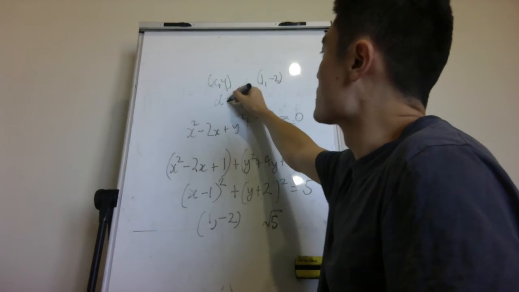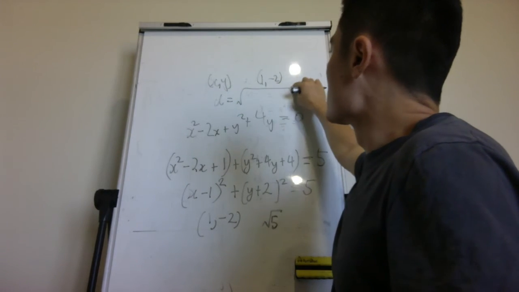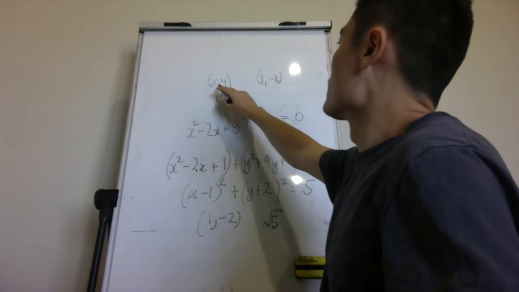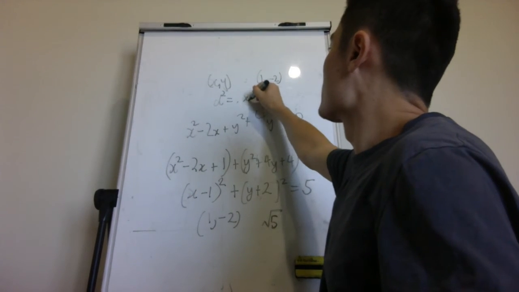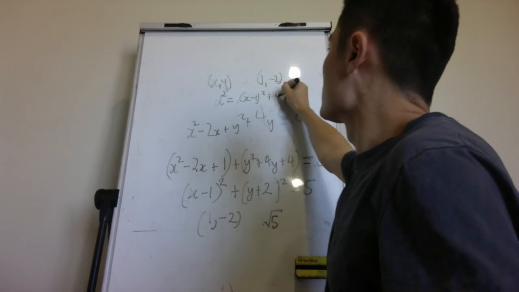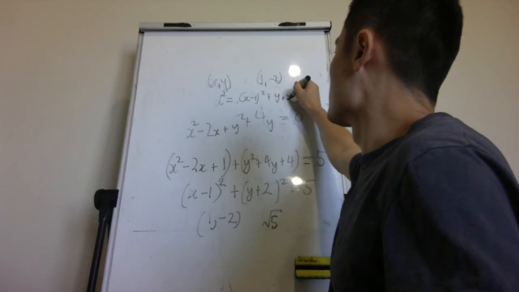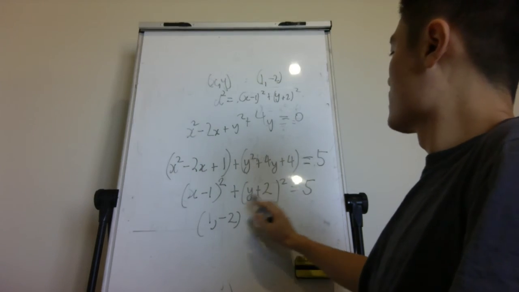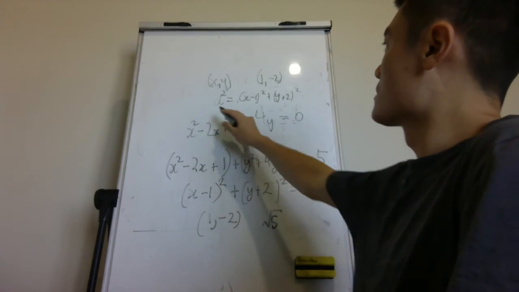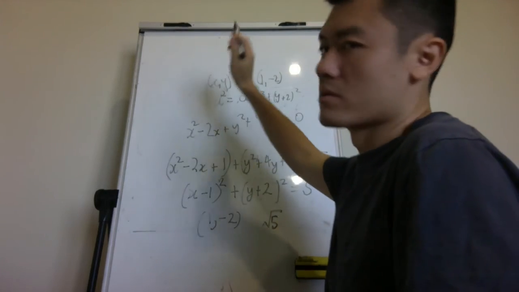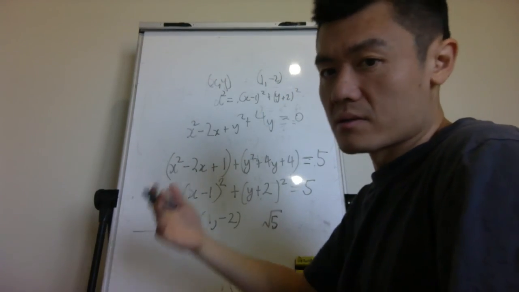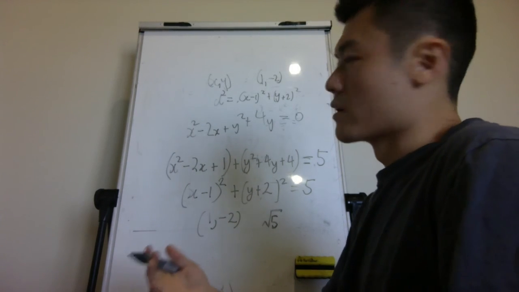The distance is equal to the square root. If you took out the square root, you could write the distance squared is equal to (x minus 1) squared plus (y plus 2) squared, right? And that's exactly what this formula is, with d equals root 5. So the distance between any point on the circle and this point is root 5. That's why it's the center, and the radius is root 5.